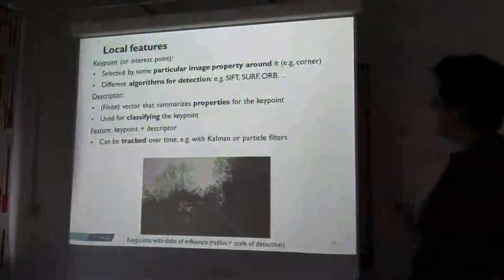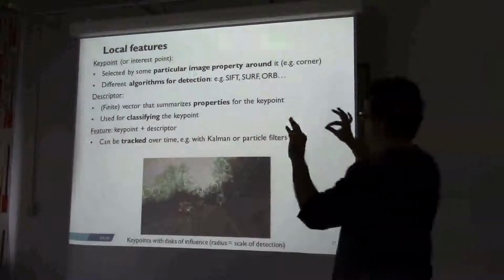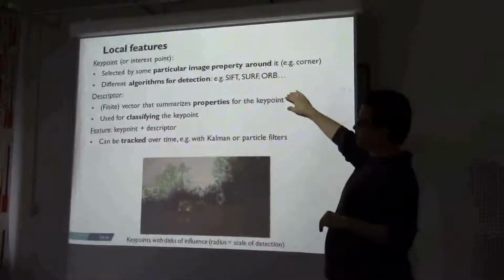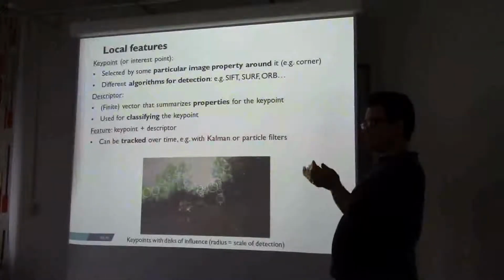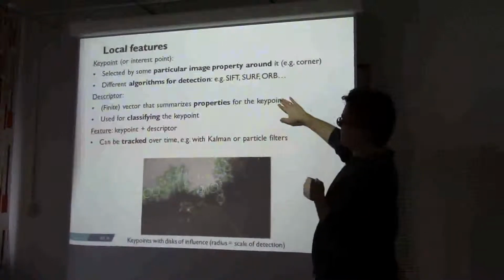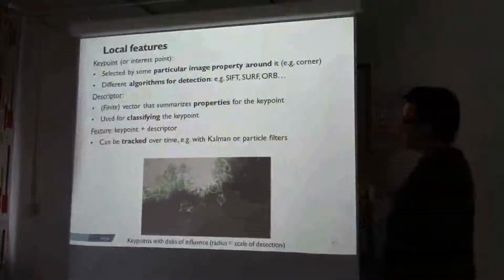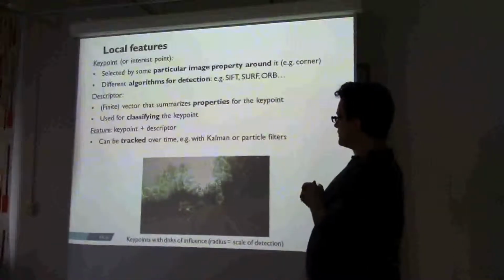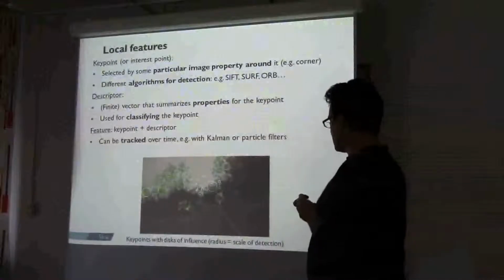But the idea is that you have different points, then you extract a vector at these different points that summarizes some kind of property around it. This is the concept behind local features. And then you use this vector for classification, recognition, whichever comes later. And also you can track these features over time, if you have video information.